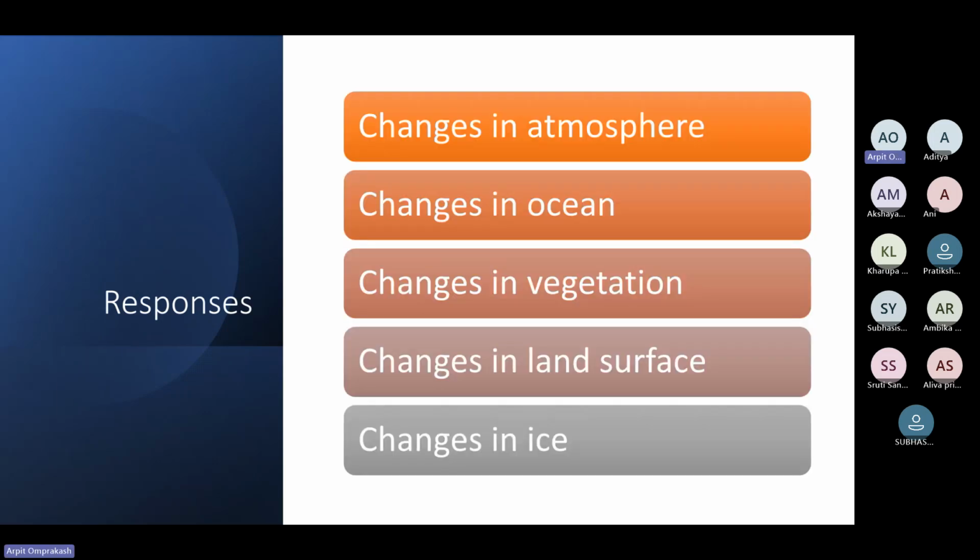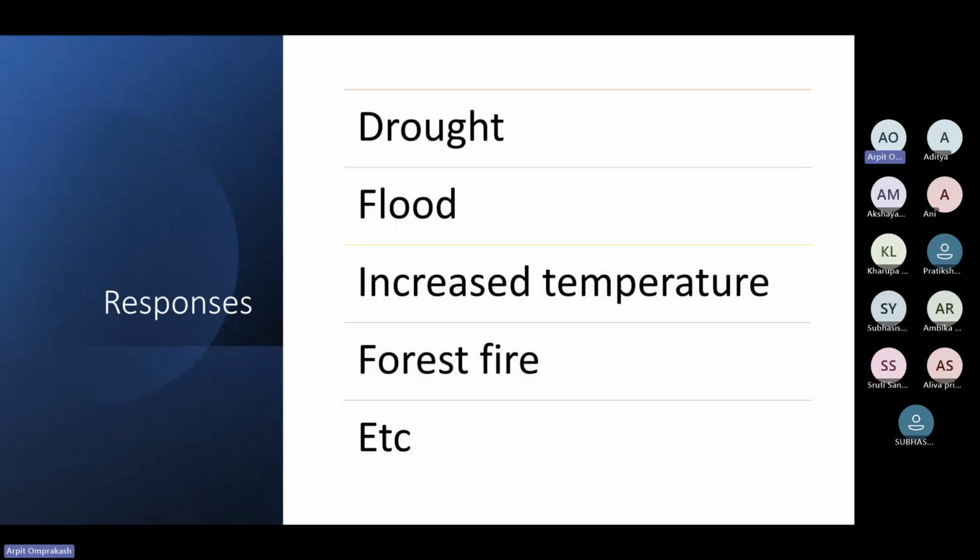So these are basically the variables in which we can see responses. Responses will be things like drought, flood, increased temperature, or forest fire, etc. So increased frequency of these unnatural events will be a response.